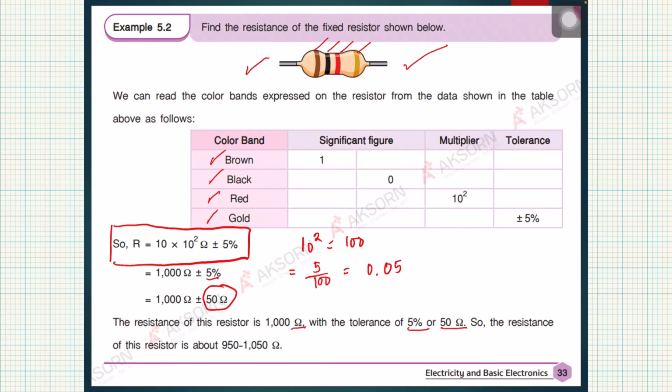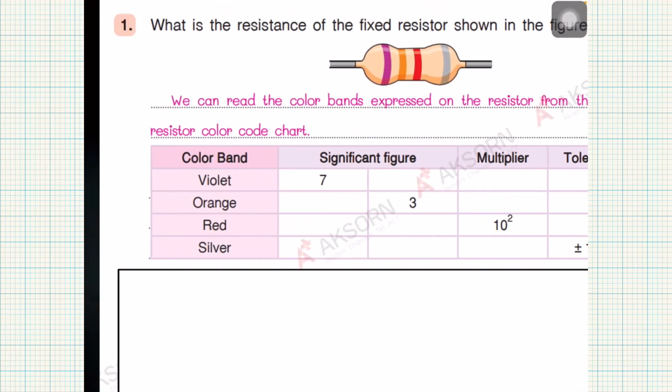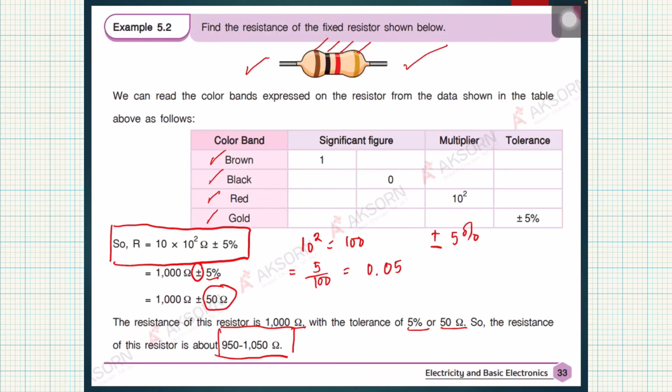So the resistance of the resistor is between 950 and 1050. Now, why 950 to 1050? Because there's a value of plus or minus 5%. Let's first subtract: 1000 minus 50 will give you 950, which is the minimum.